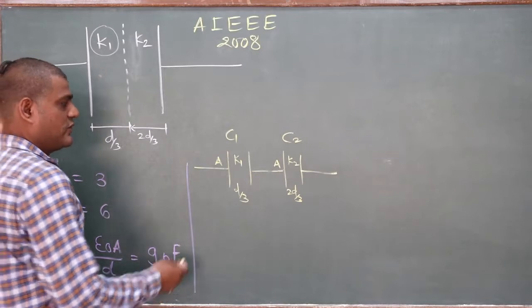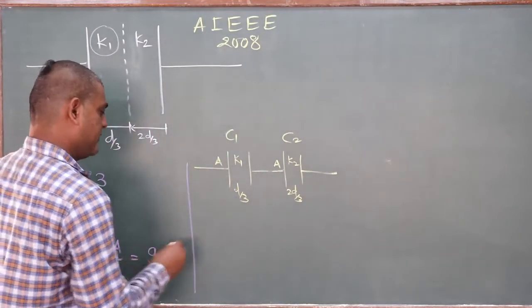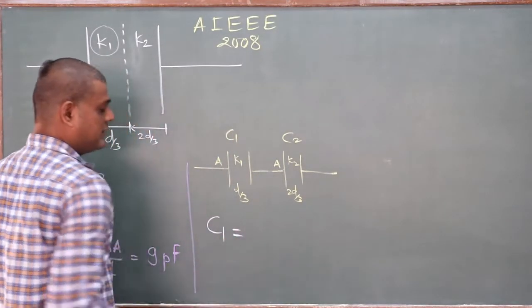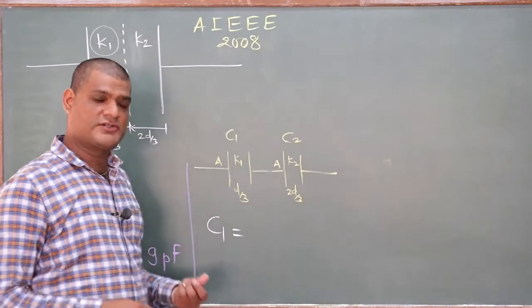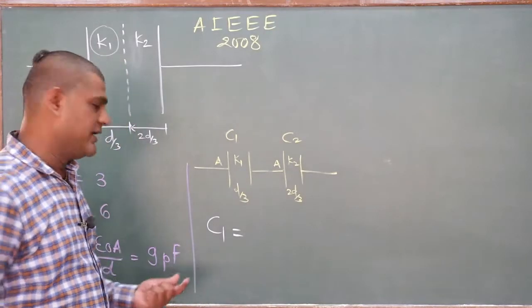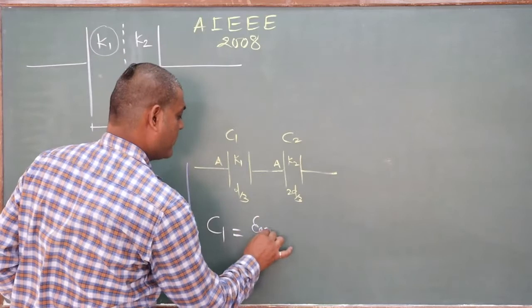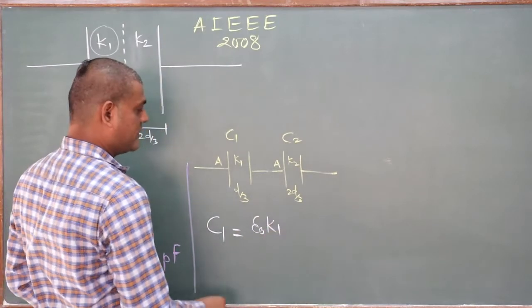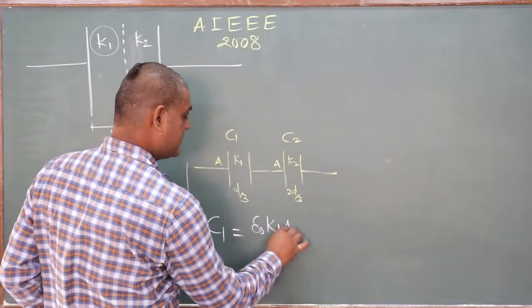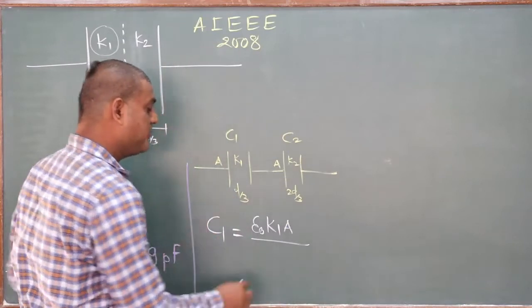First of all, we will calculate C1. We have calculated C1 lots of times, so we will write directly: epsilon 0 K1 A, A remains as it is, and it is D by 3.